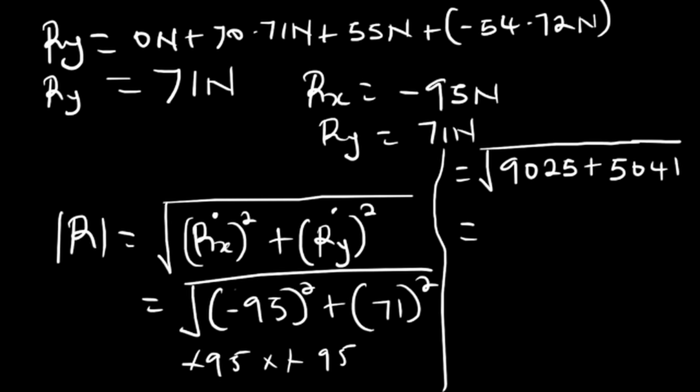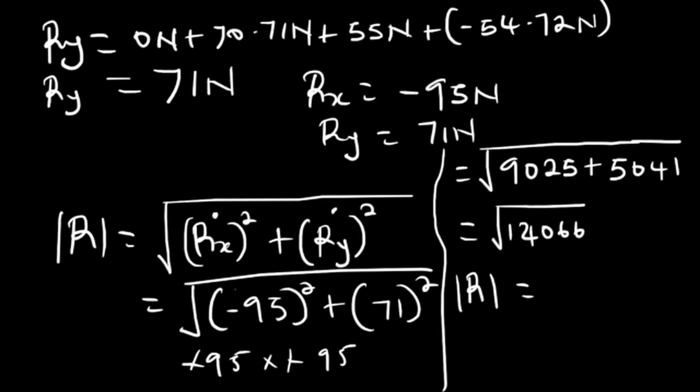9025 plus 5041 gives me 14066. We have the square root of 14066. Therefore, the magnitude of the resultant vector is equal to, let's take the square root, 14066.